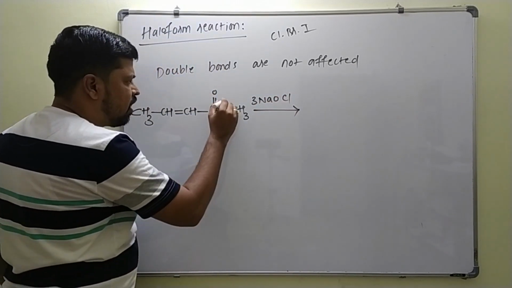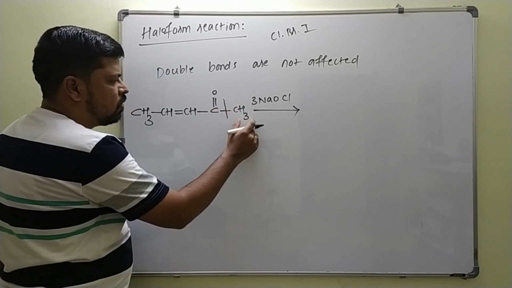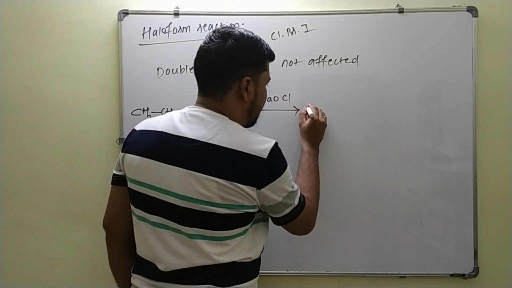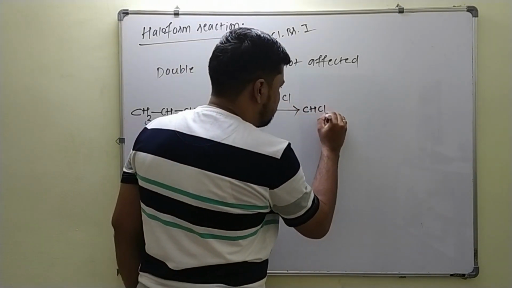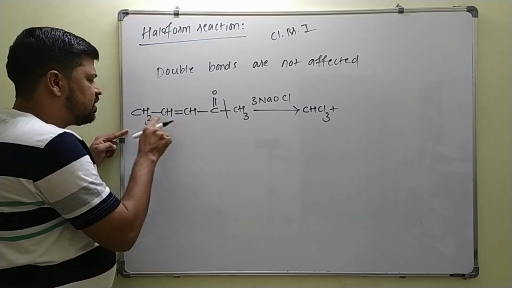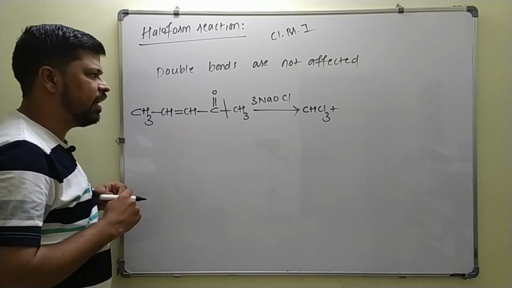You just have to break the carbonyl carbon and methyl carbon bond like this. So this carbon is converted to haloform. Here chlorine is there, you will write chloroform CHCl3, plus the remaining is what here? CH3 CH double bond CH COONa you can take here.